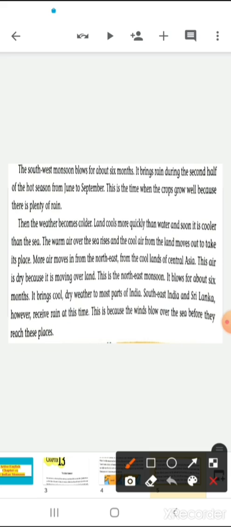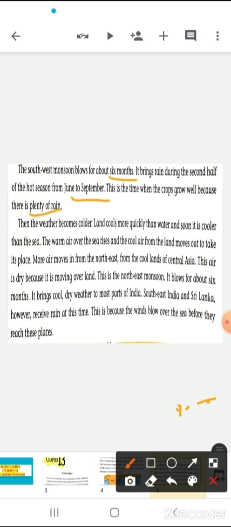The southwest monsoon blows for about 6 months. It brings rain during the second half of the hot season from June to September. This is the time when the crops grow well because there is plenty of rain.